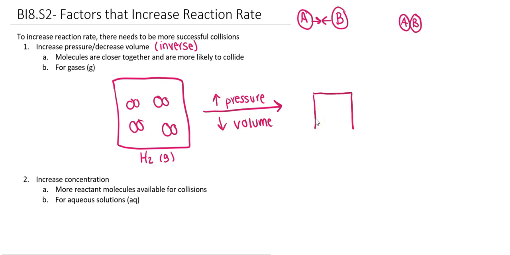So if we decrease the volume, now my space is much smaller, which means those molecules are closer together. If those molecules are closer together, they're more likely to collide. And we said the more collisions we have, the faster the reaction is going to occur.